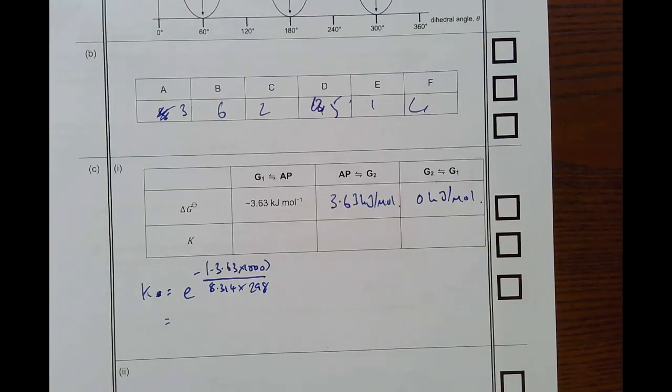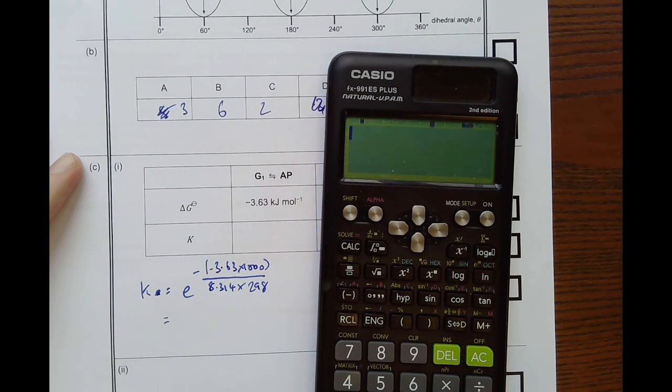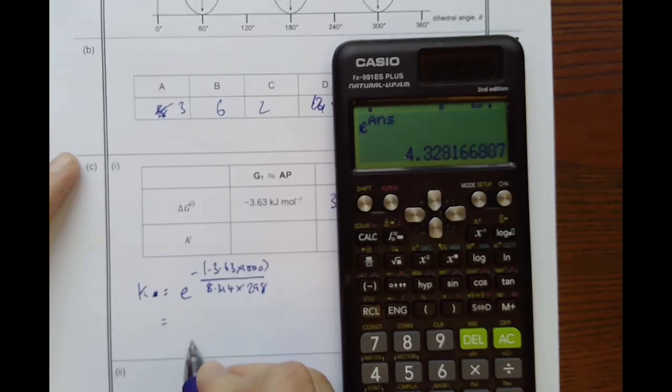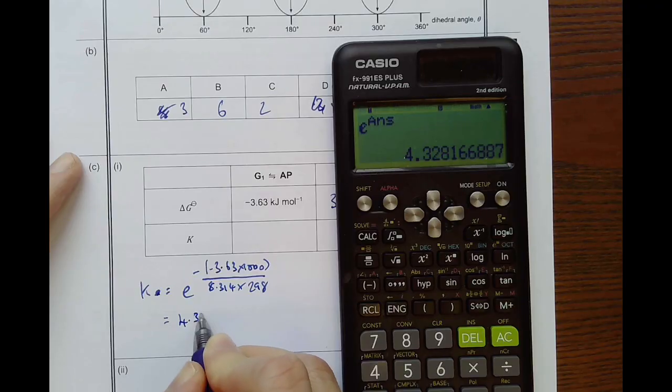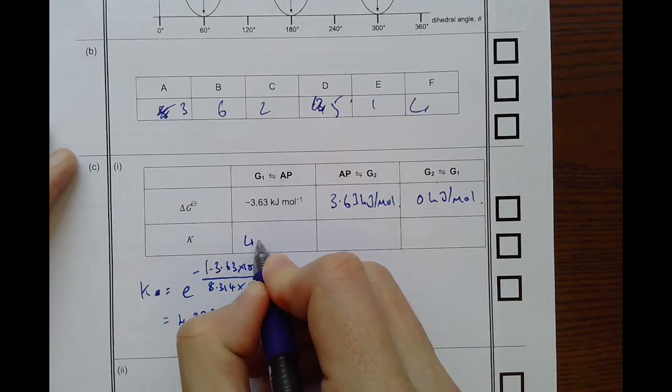So if I then put that in, this is going to be positive, so it's going to be 3.63 times 1,000 divided by 8.314 divided by 298, and then I'm going to do the exponential of that, and I get 4.328. Double check that 4.328 makes sense.